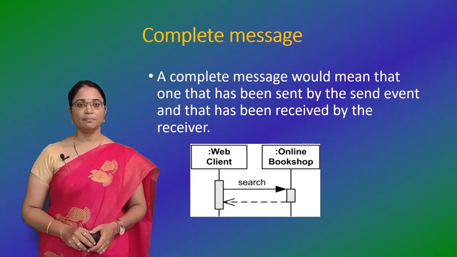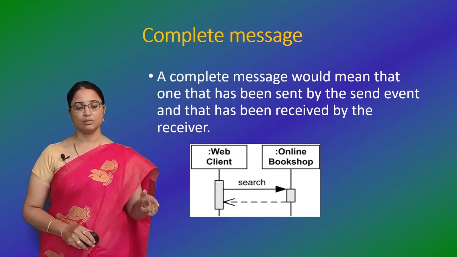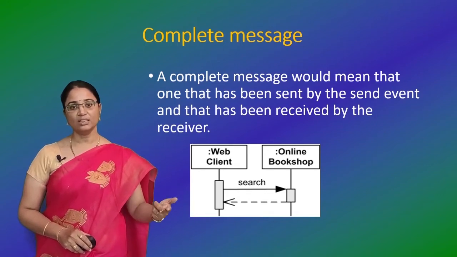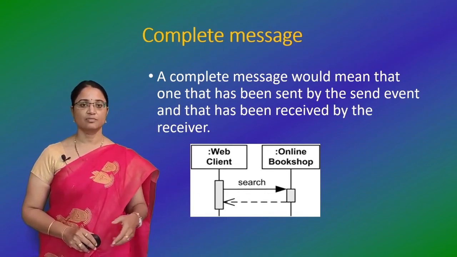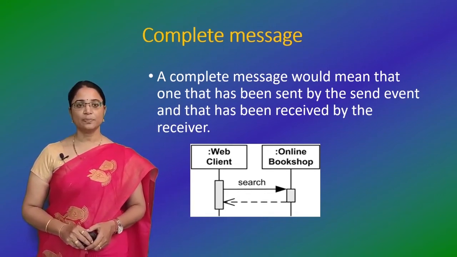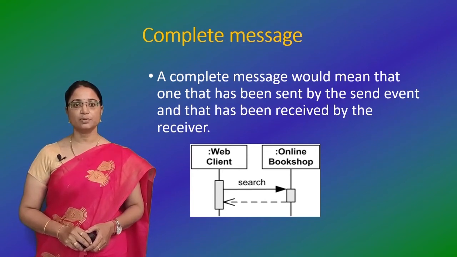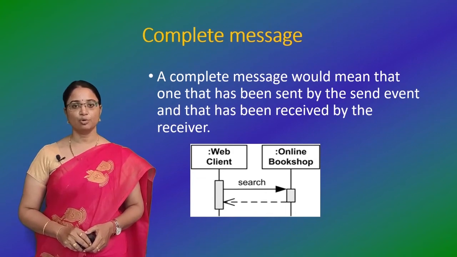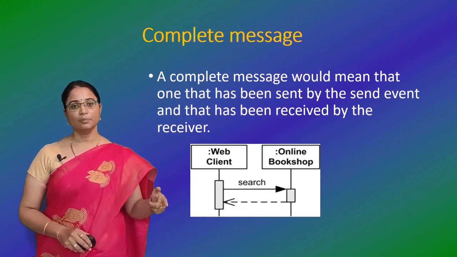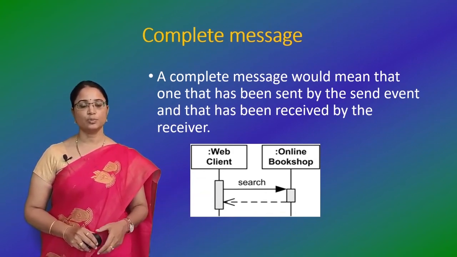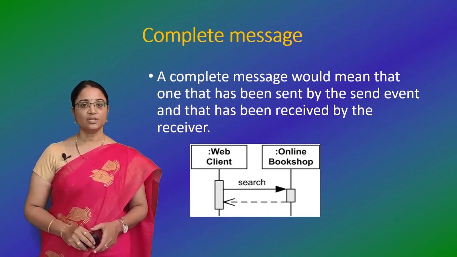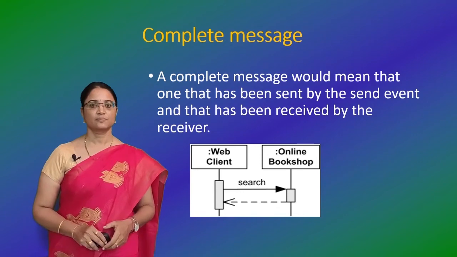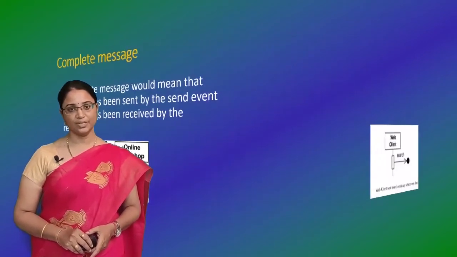Normally a complete message means one that has been sent by the send event and received by the receiver. Because you would expect that when you send a message, you want to interact. In the interaction there has to be a sender and a receiver. If that is satisfied, then we say we have a complete message. So this is regarding the complete message.